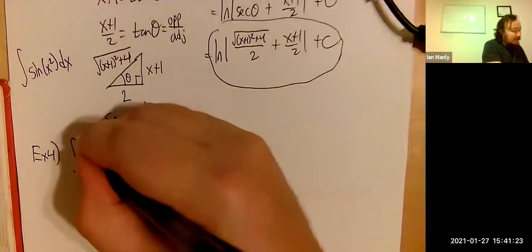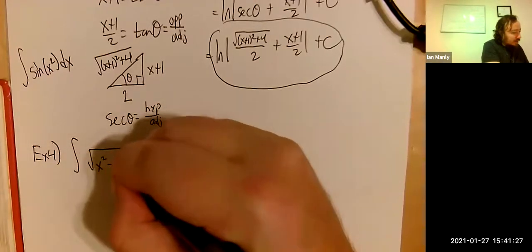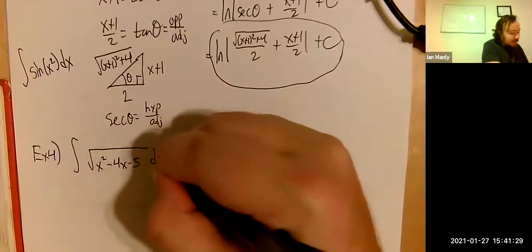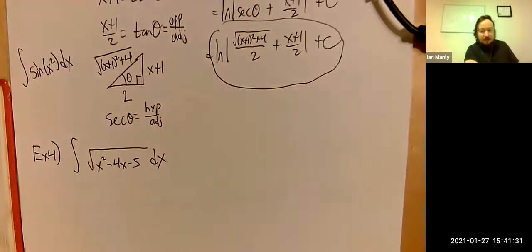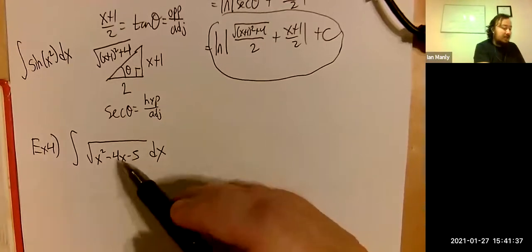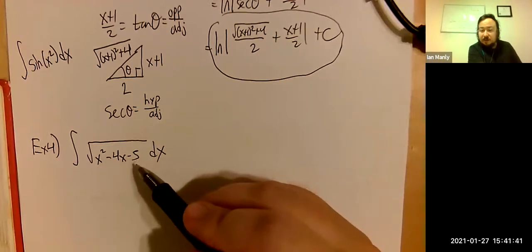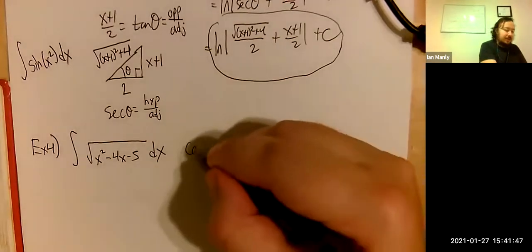All right, so example 4, we have the square root of x squared minus 4x minus 5 dx. Okay, so we're going to do this exactly the same way that we've done all these other ones. So what's the first thing we're going to do here? We're going to complete the square.